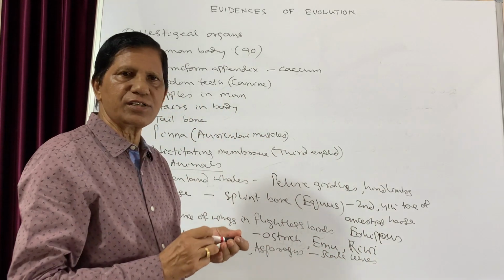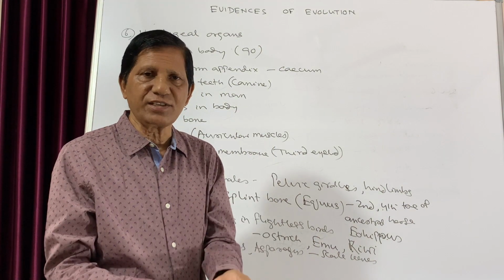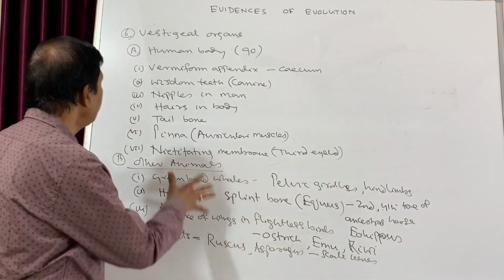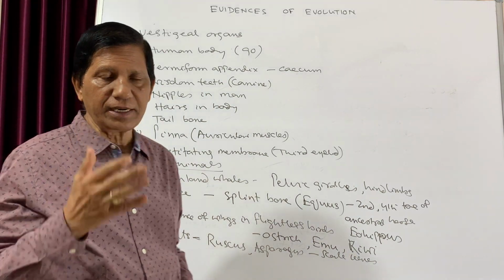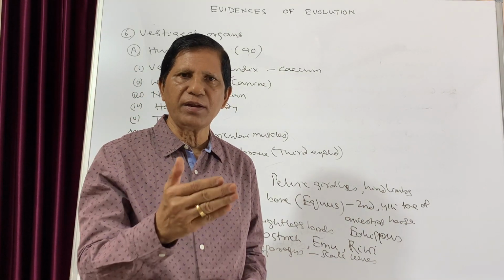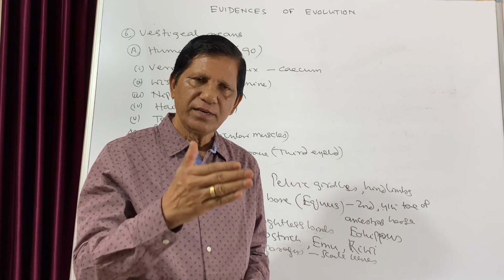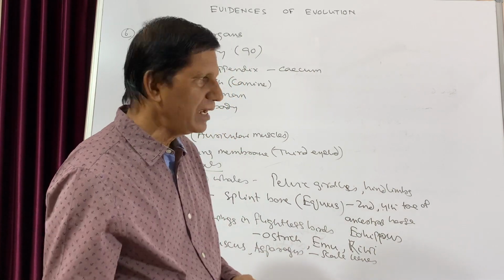So this indicates that they have evolved from plants having well developed leaves. So these are the different types of vestigial organs, present in human beings as well as some animals and plants. Now let us discuss the seventh and last point, that is atavism.